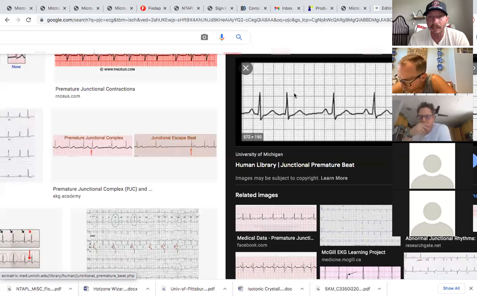So I see this beat out of context, out of alignment, a little bit of an extended R to R, and then it's right back into its underlying rhythm. We refer to this as the compensation phase. The compensation phase generally follows an ectopic beat, which is just an extended R to R interval.